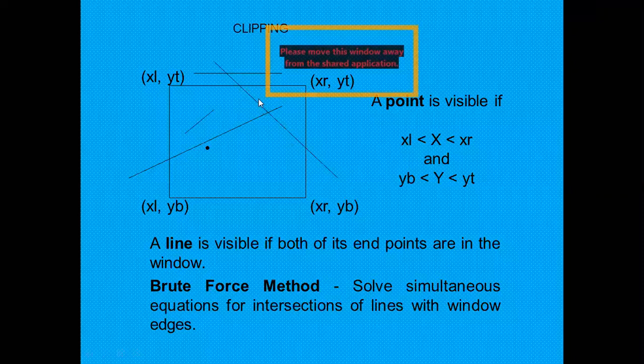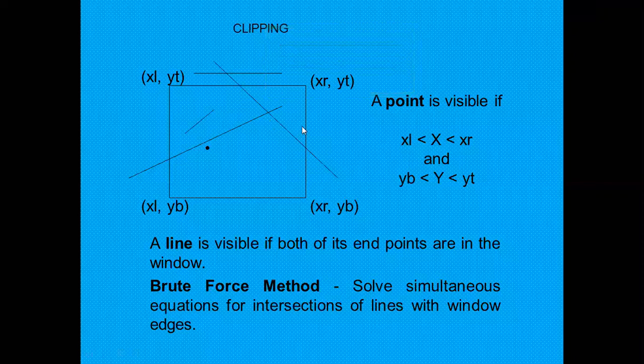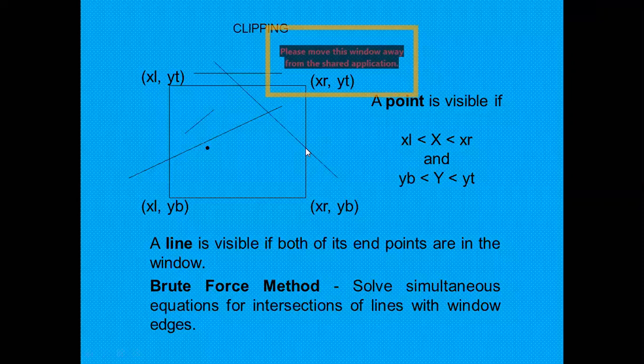So this is completely visible, from this intersecting point to this intersecting point. When we check which portion is lying inside, we can also put a name here, like PQ. You can write PQ as the line segment which is lying inside the window, and this is completely visible.